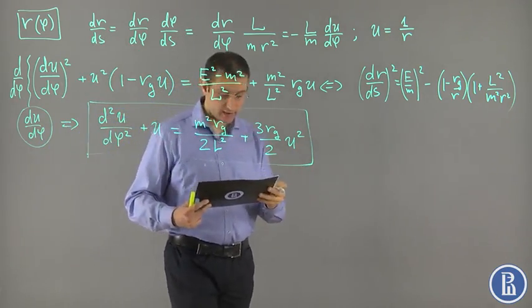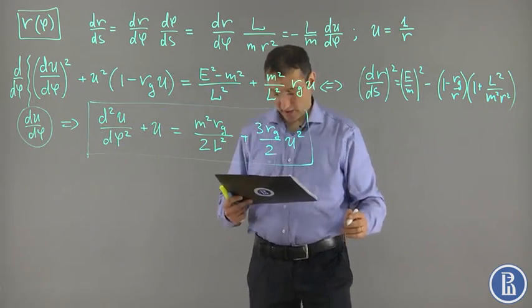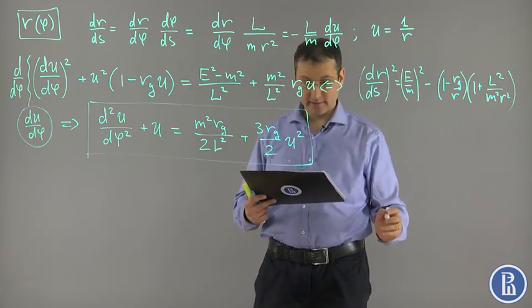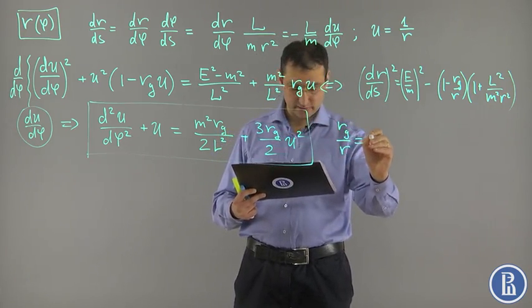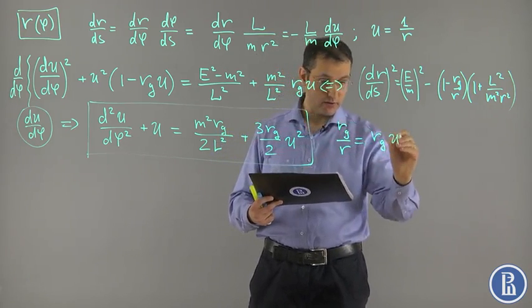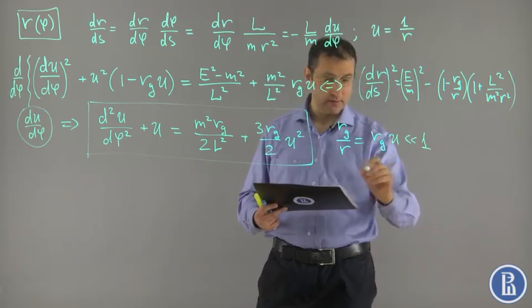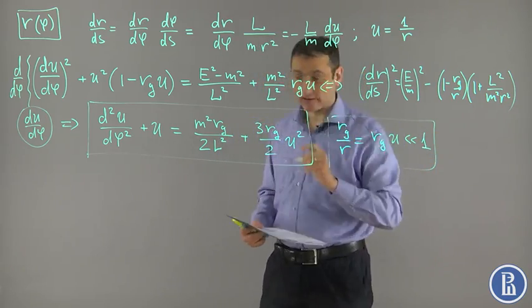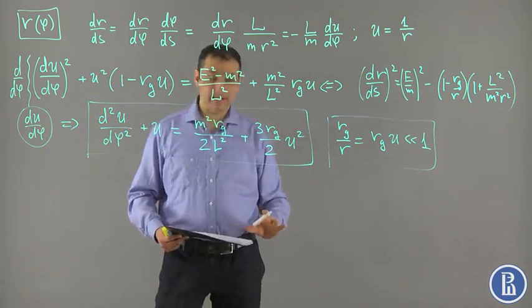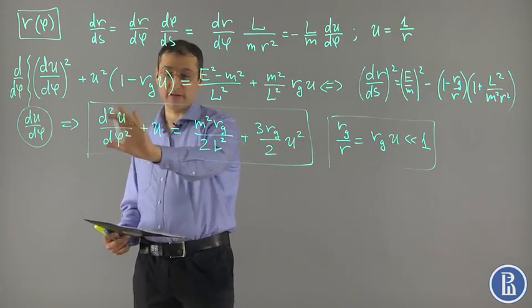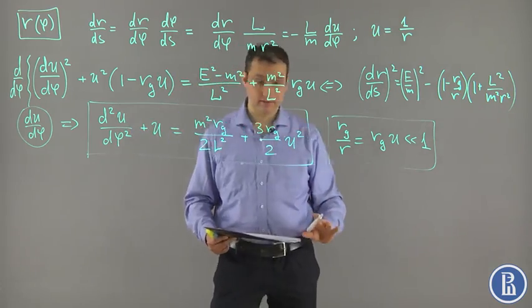In this equation, one has to bear in mind that r_g over r, which is nothing but r_g times u, is much less than 1. Because, in fact, we want to consider this equation as a deviation from the non-relativistic limit.